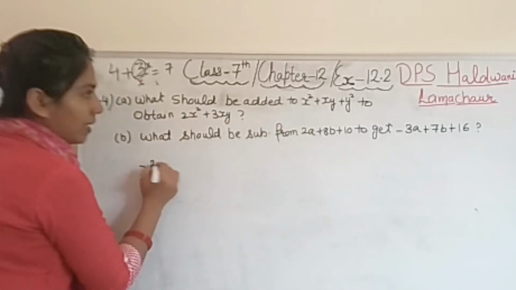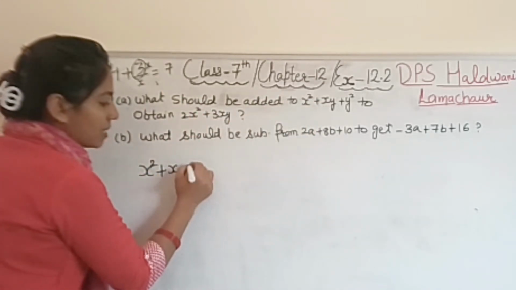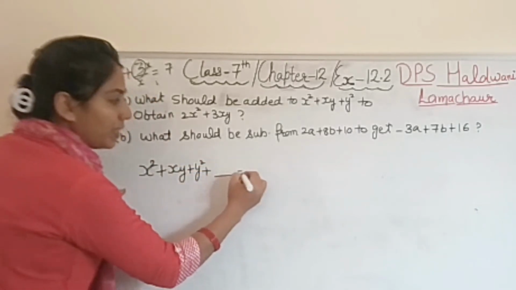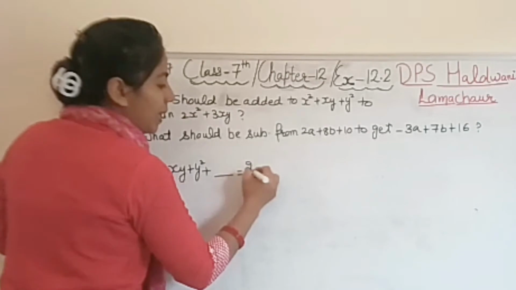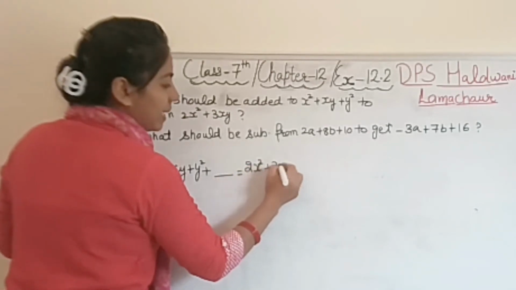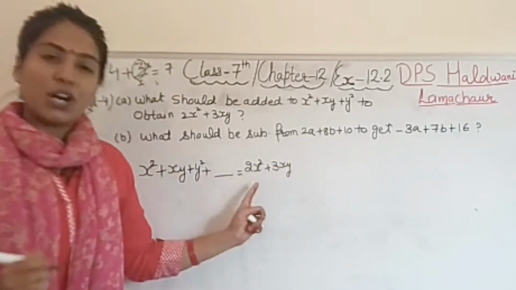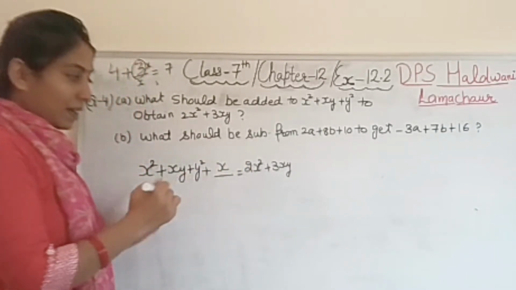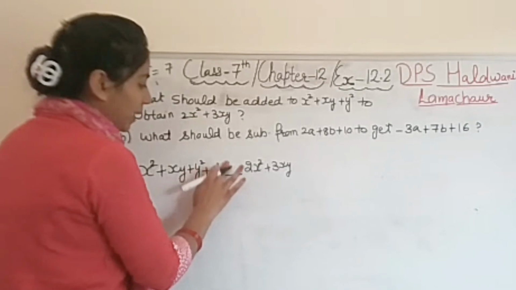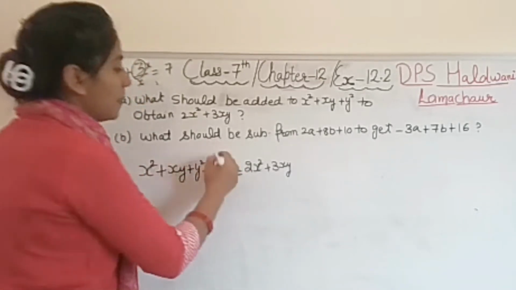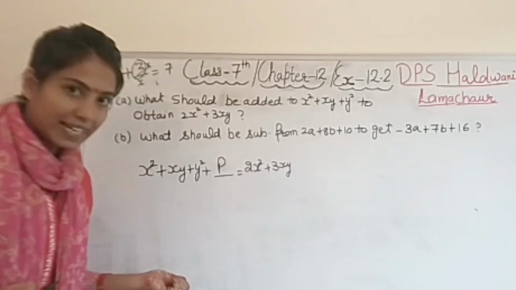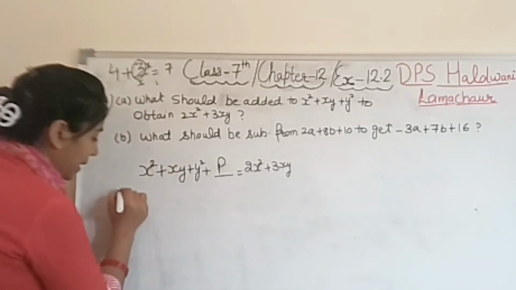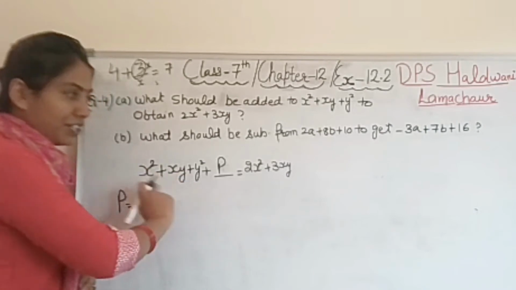So x square plus xy plus y square. What should be added to this so we can obtain 2x square plus 3xy. Equation got student. So in the place of the dash, suppose there is x. No, here is an xy term only. So you can take another variable, p you can take. Right? So p value you need to find out. So p will remain here only and this whole term will shift that side.